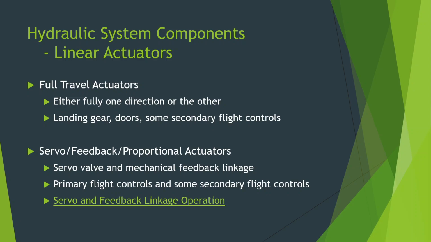Servo actuators are still pretty much the same type of actuator. The actual actuator itself isn't much different, but they include an integral servo valve and mechanical feedback system. That is things like primary flight controls, where if we move the yoke, say we want to roll the airplane, we move the ailerons just a little bit. When we tip the ailerons just a little bit, that operates a hydraulic valve. We don't want it to send the ailerons to full deflection and put the plane into an actual inverted roll.